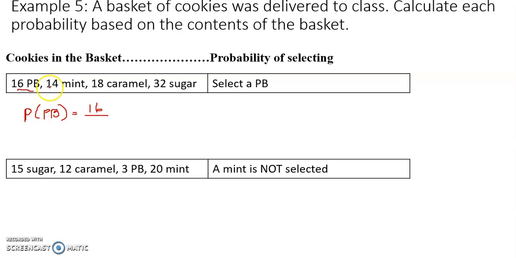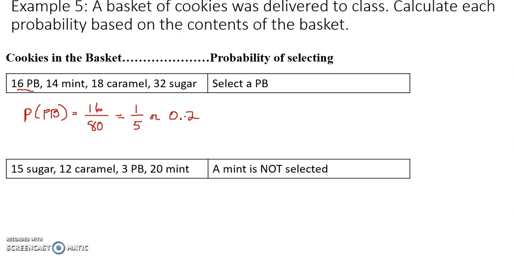When I add 16, 14, 18, and 32, that is 80. We could simplify this if we want a fraction, and that would be 1 over 5, or we can go ahead and calculate it as 0.2. So that's the probability that we reach into the basket, we pull a cookie, and it's a peanut butter cookie.